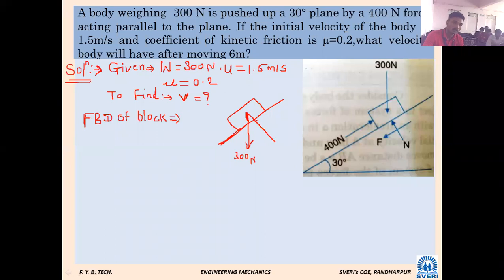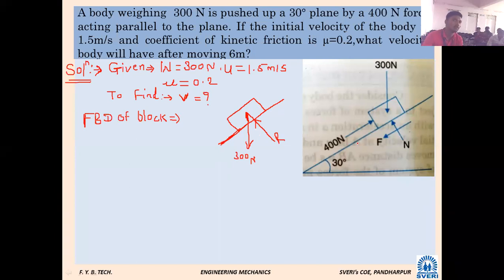There will be a reaction, I will call it R. And that reaction, how much will it make angle with the vertical?